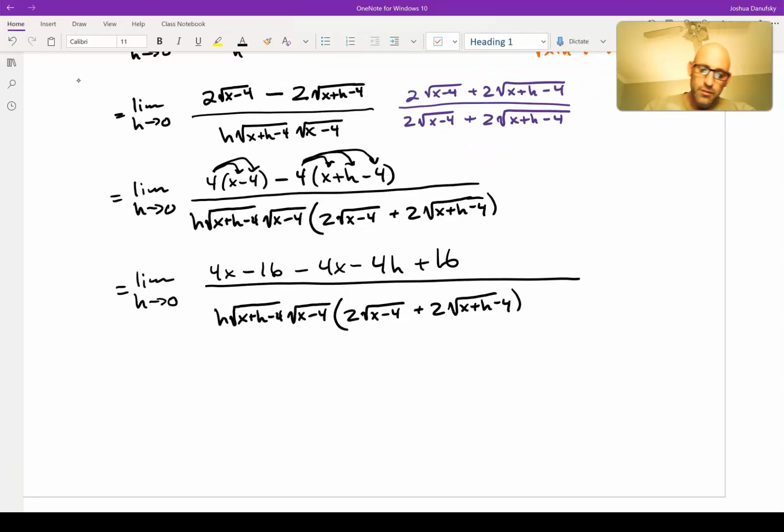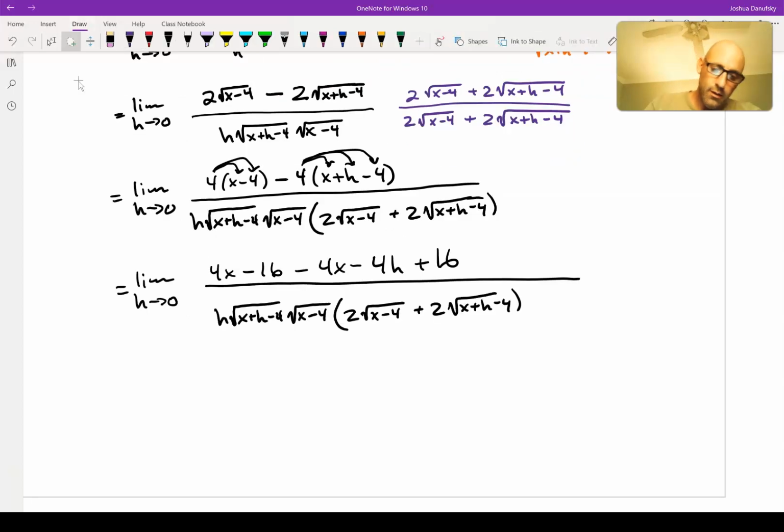All right, so now we're going to go ahead and cancel 4x, negative 16, 16. All that's left is a negative 4 on top times an h. So this h in purple and that h in purple can be canceled now that everything else has been subtracted, added away.